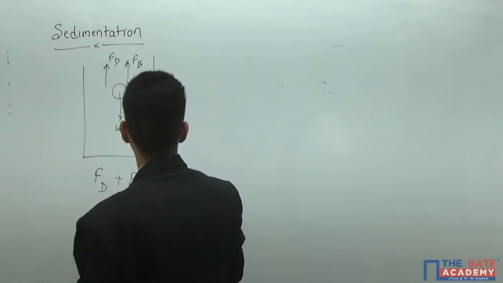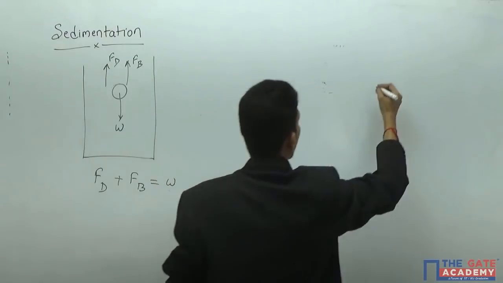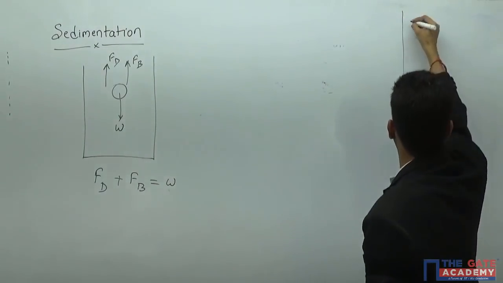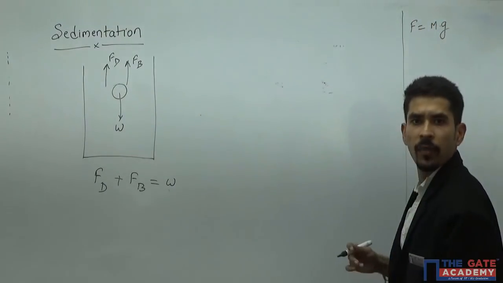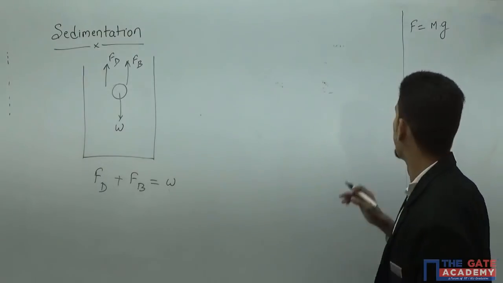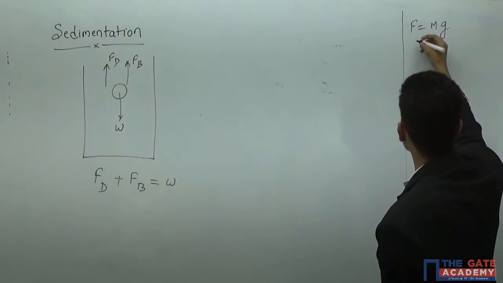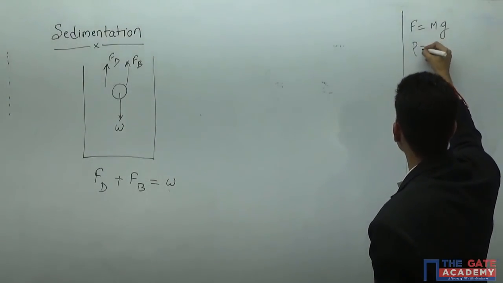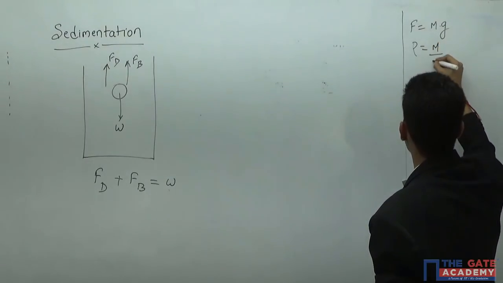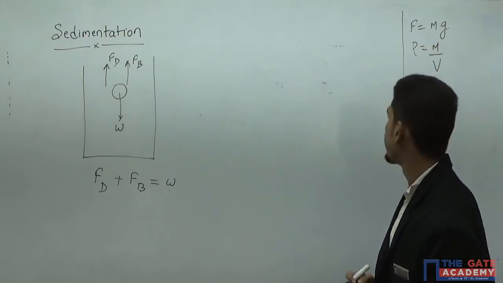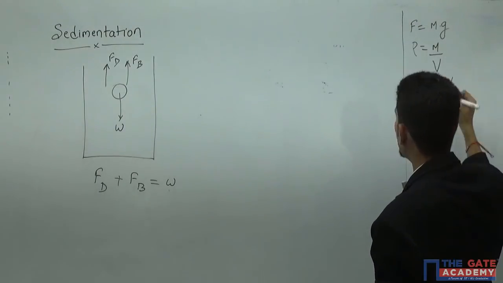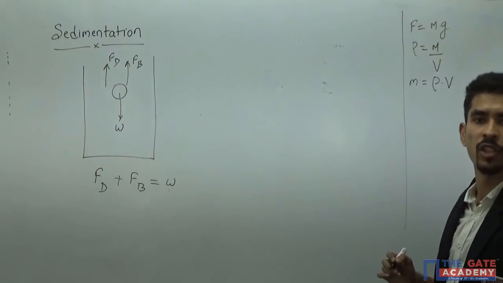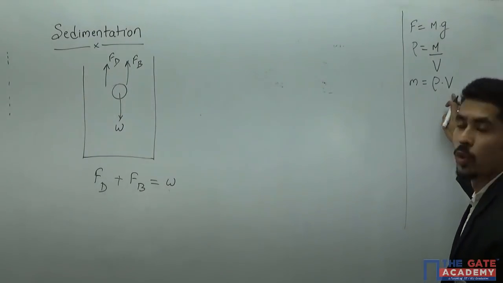Now, we know that force is equal to m into g, mass into gravity. We also know that density is equal to mass upon volume, so mass is equal to rho into volume.